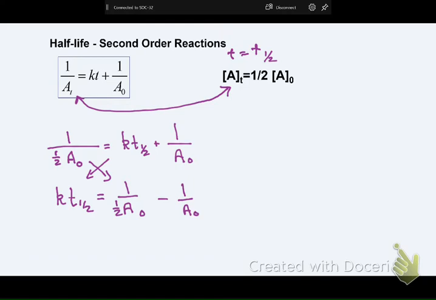What does this become? What's 1 over 1/2? 2, right? It's 2 over A0. So I have k t 1/2 is equal to 2 over A0 minus 1 over A0, and that's just equal to 1 over A0, right?